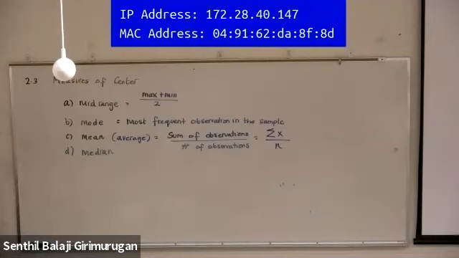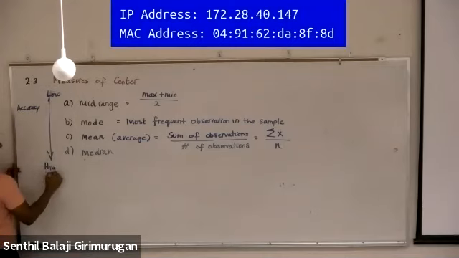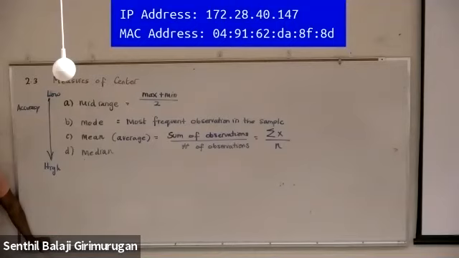In terms of accuracy, if you want to measure the center of data and you want to get an accurate estimate, the best one would be the median. The least favorable one would be mid-range.